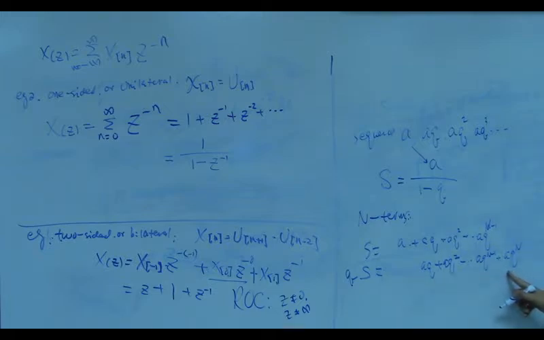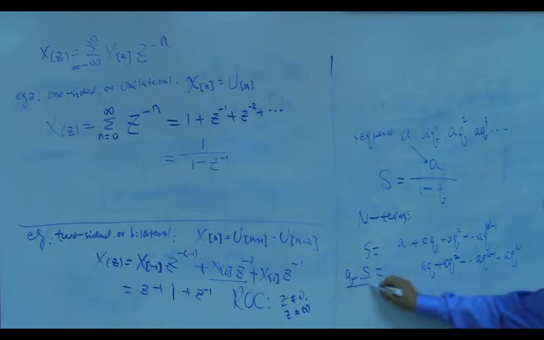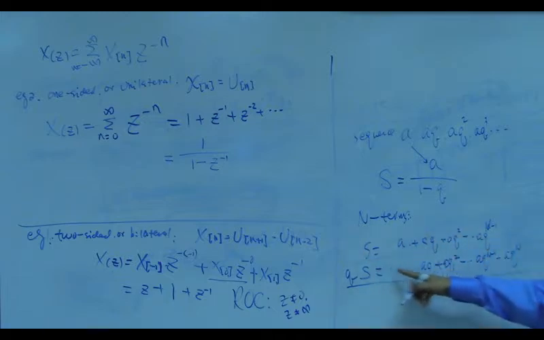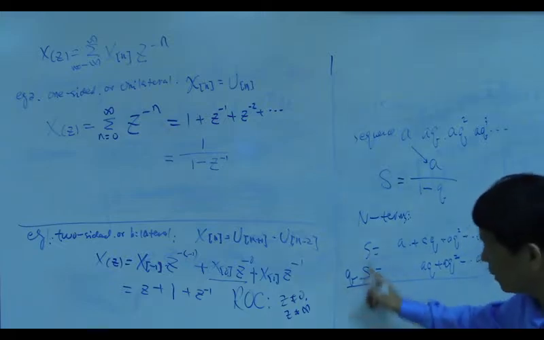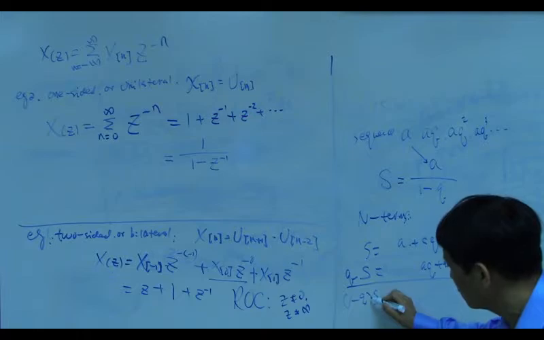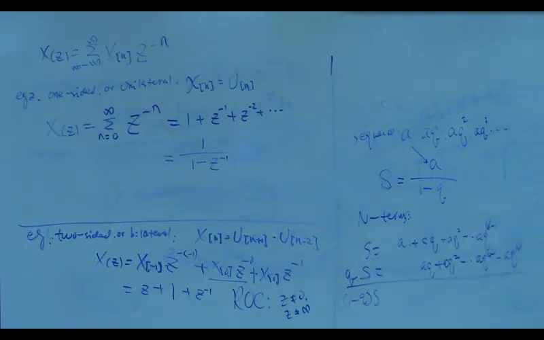Make sense? Now, what I do is I just subtract. The whole first equation minus the second equation. The left-hand side is S minus qS, so that is (1 minus q) times S. Second, now that is the beauty of this method.